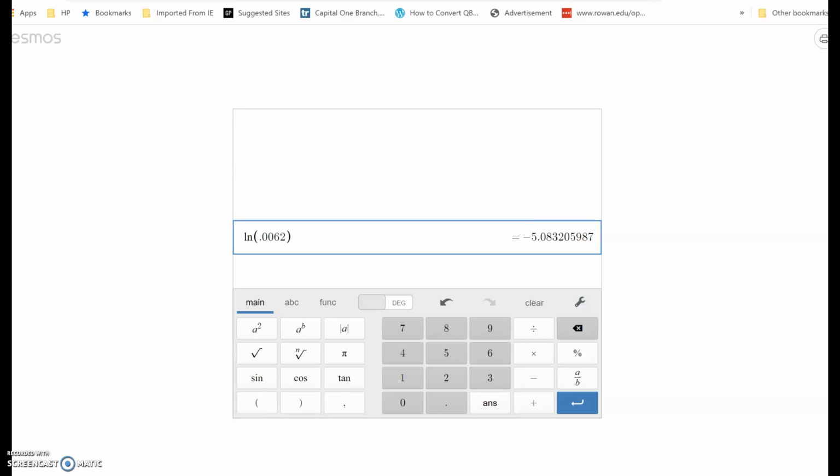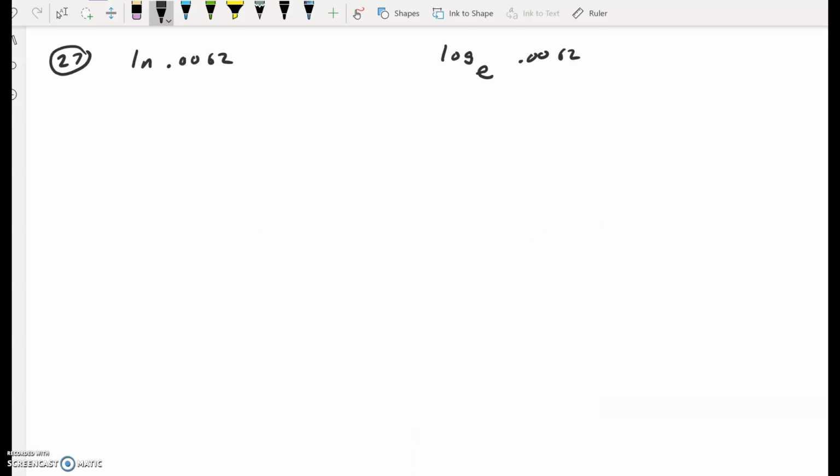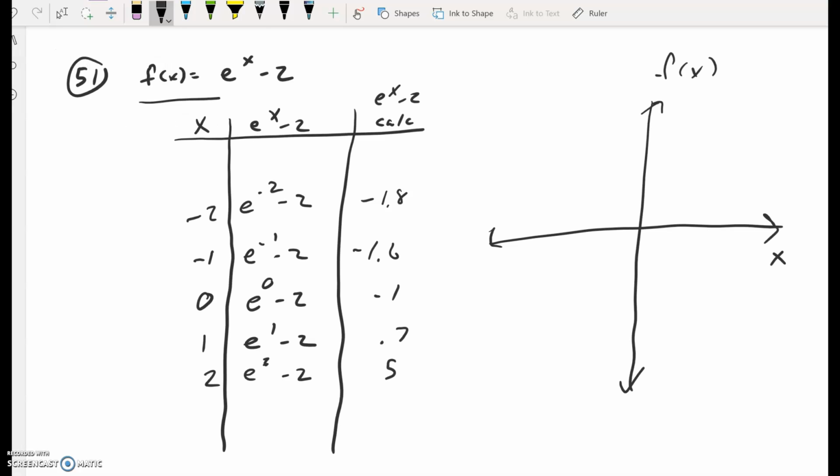I put in a comma instead of a decimal point, and that didn't work out very well, but notice it's telling me the answer is about, and I got to round it off somewhere, so I'm going to call it negative 5.083. And we're done.